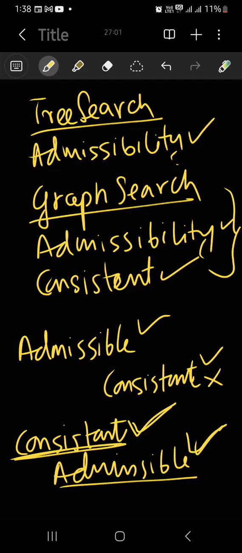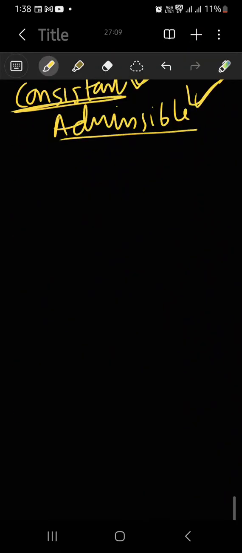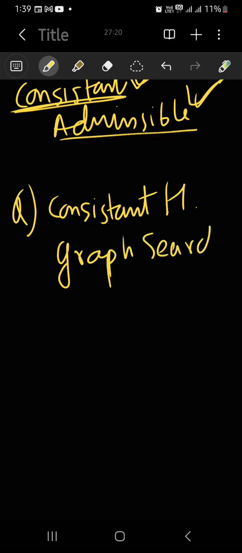So yeah, let's see. Now tell me, if we use a consistent heuristic and we are applying graph search, can we get the optimal solution? Think and tell me.